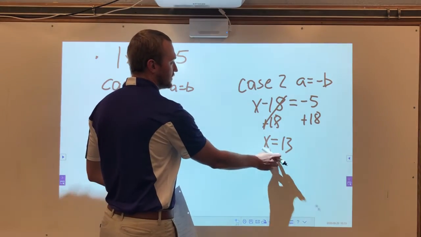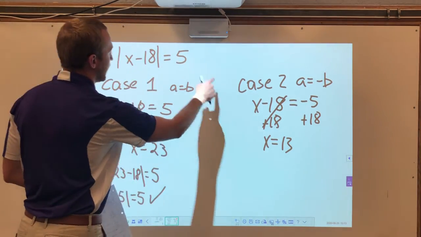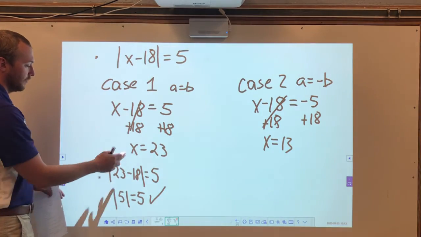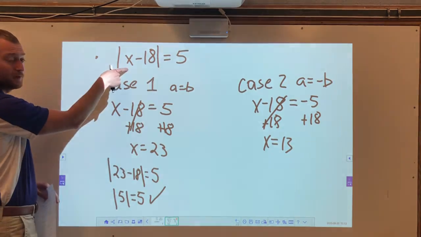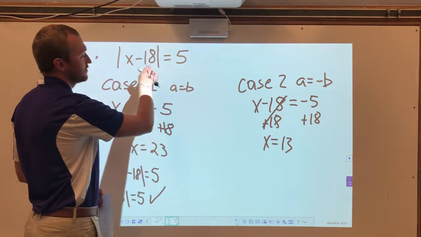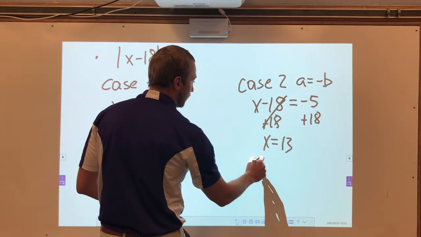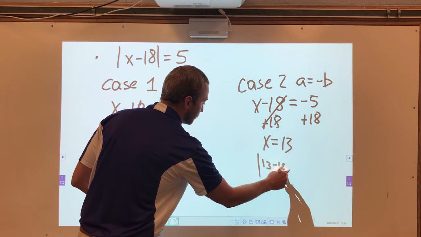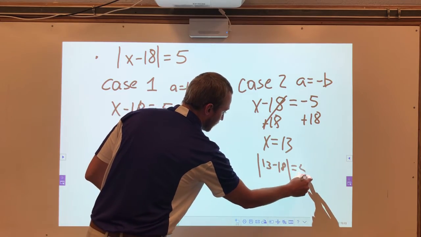Okay, let's go to case 2. I plugged my x equals 23 back into the original problem. That's true. Now I'm plugging x equals 13 back into the original problem. So the absolute value of 13 minus 18 equals 5.